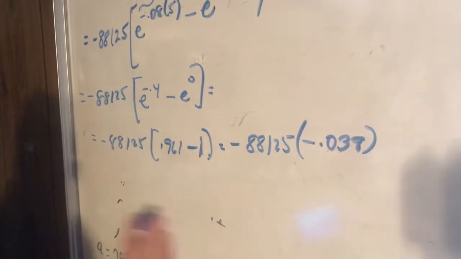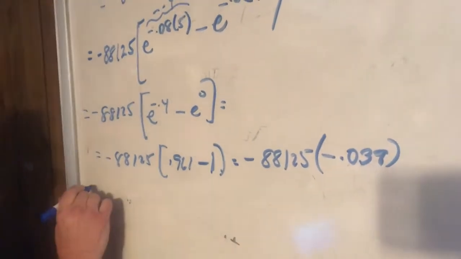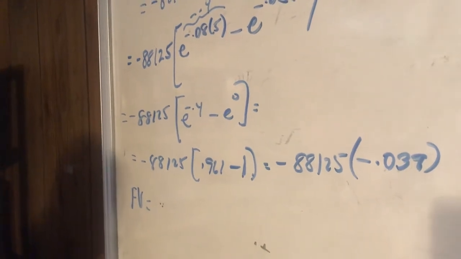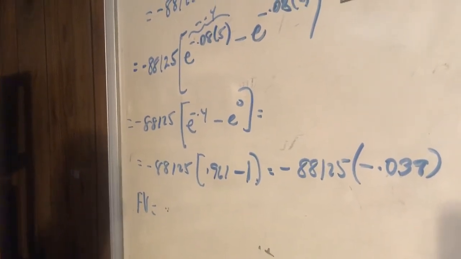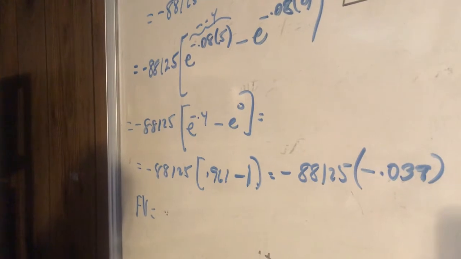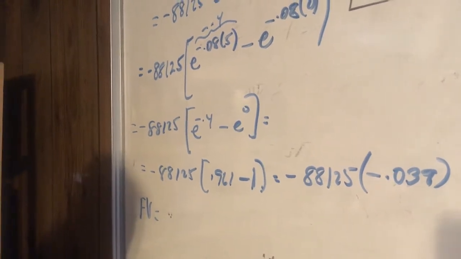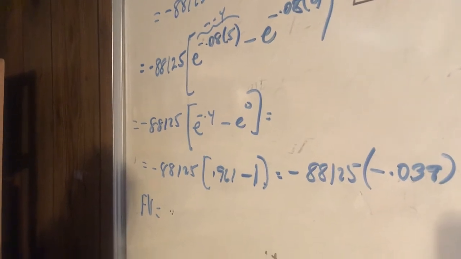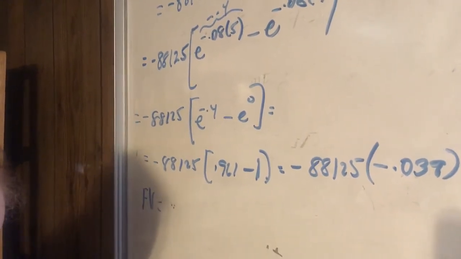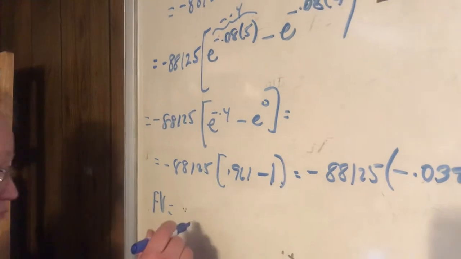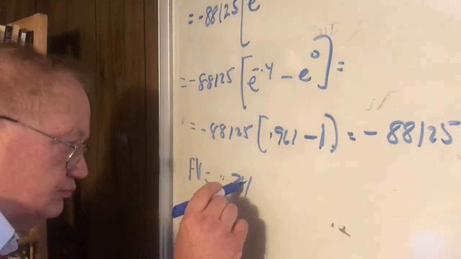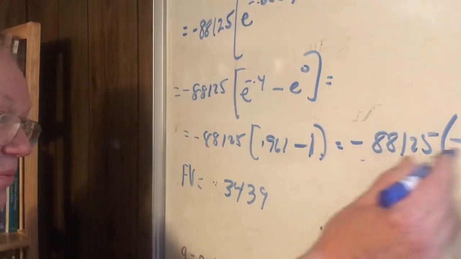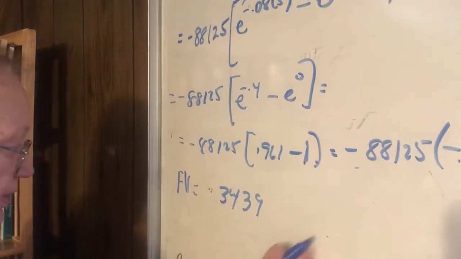And what do we get? We get that our future value is 88,125 times 0.039, or 3439. Notice a minus times a minus becomes a plus.